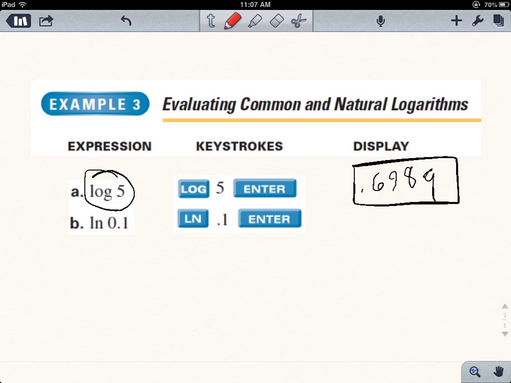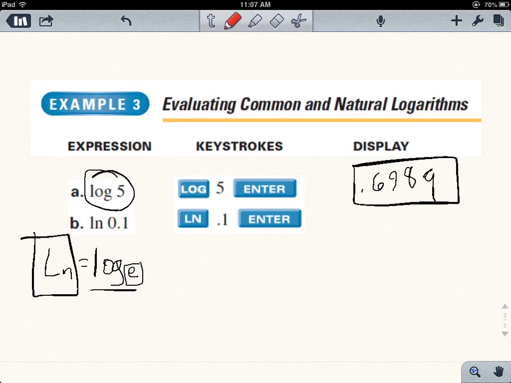Then we have ln. ln is a good little intro into ln. ln is the same as log with a base e, our natural number that we learned in section 7.3. So this is called a natural log, the short version. We use it so often in calculus and things that we created a shortened version of it.